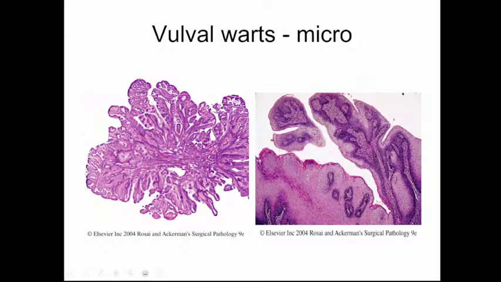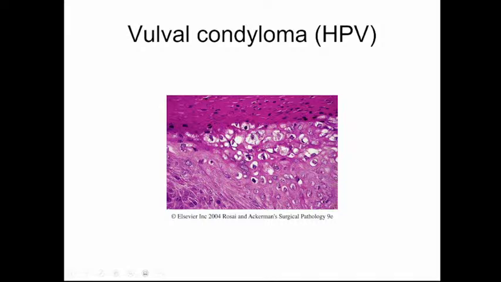So here we have a vulvar condyloma or HPV infection, and typically HPV gives rise to these perinuclear halos that we call koilocytes. And you can see on the surface, there's lots of keratinized squamous epithelium.